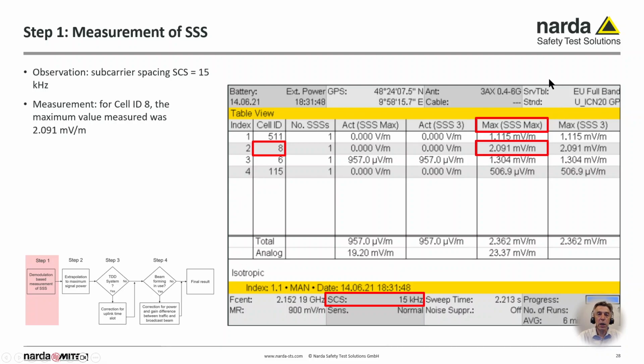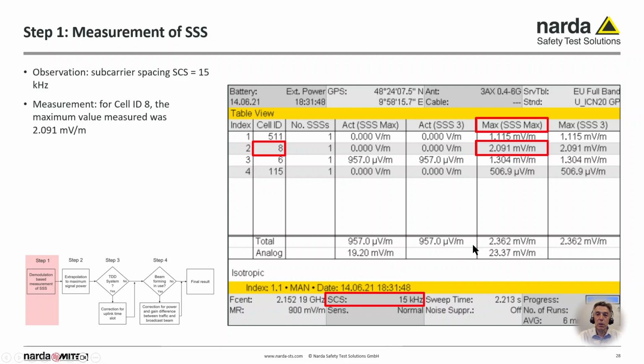And you can see we have here an SRM, and it is measuring a maximum value for the cell ID number 8. Cell ID is like the street name and house number of the base station. So cell ID 8 is transmitted by the base station, I mean the sector antenna number 8, and the maximum is here quite low, 2.091 millivolts per meter.